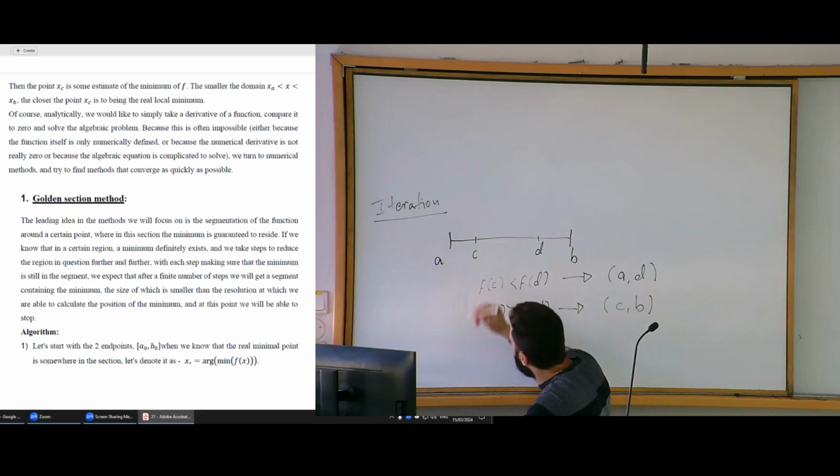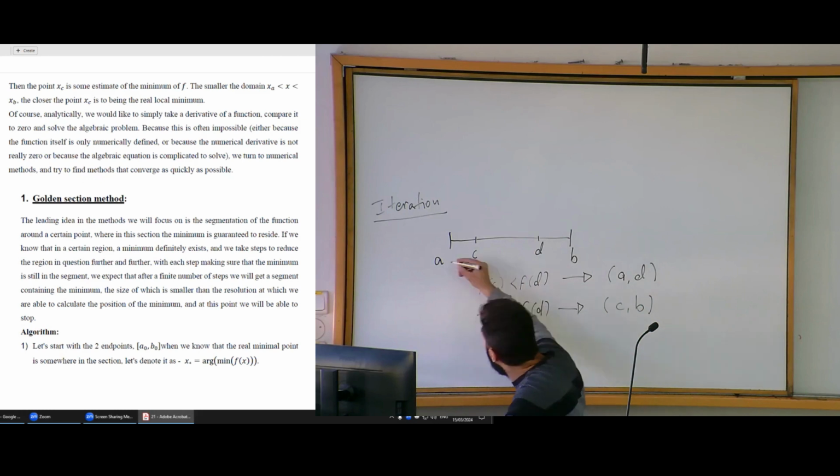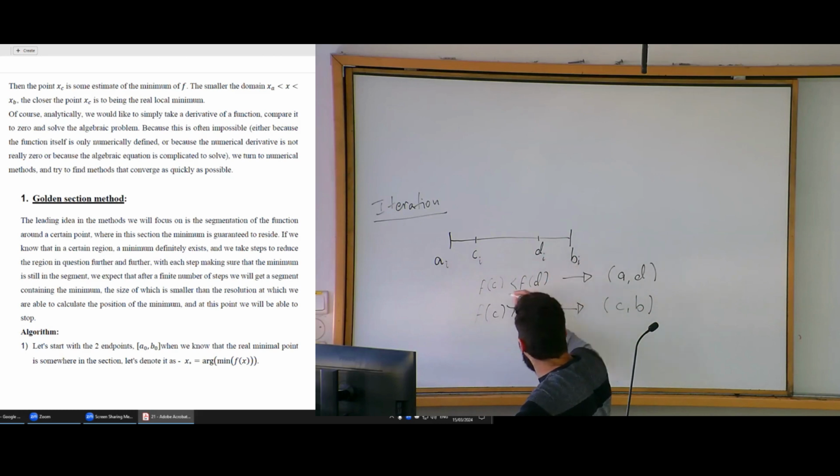And because I'm talking about iterations, this is iteration number i, so I call all of these i's. Okay?